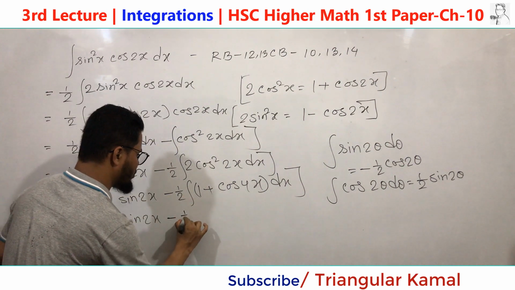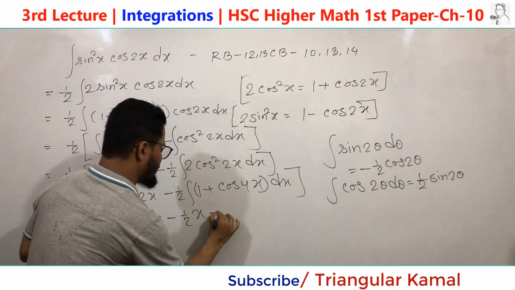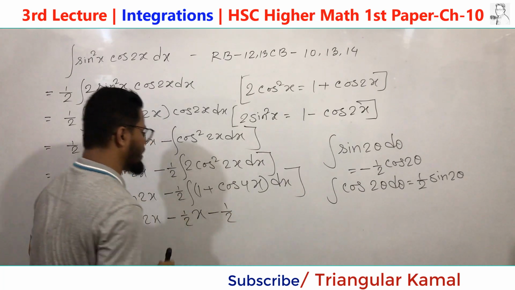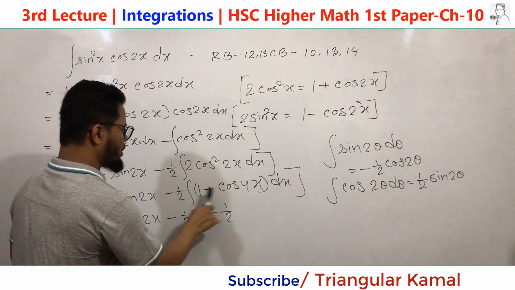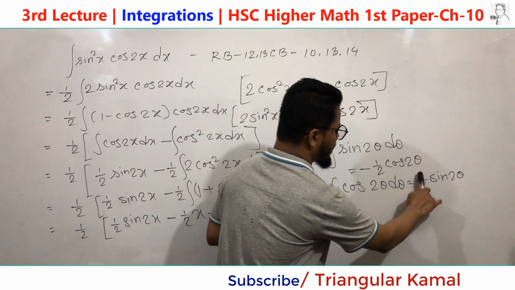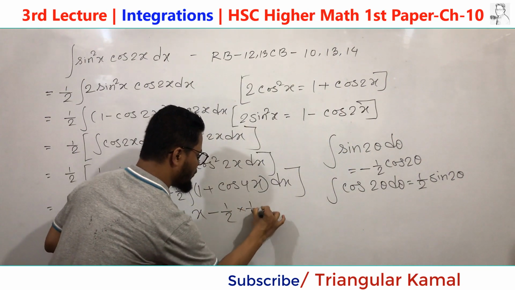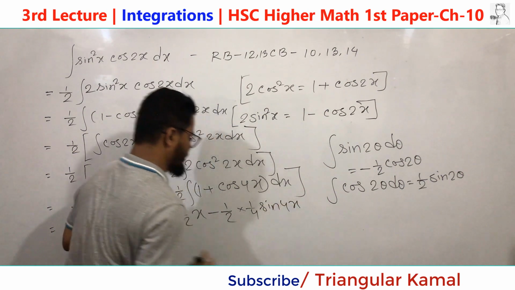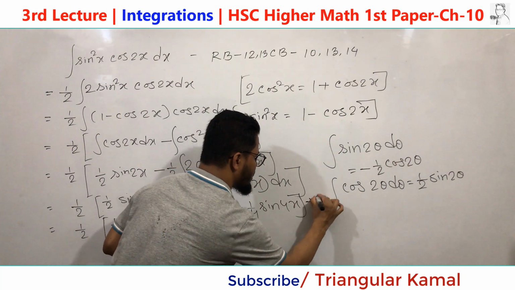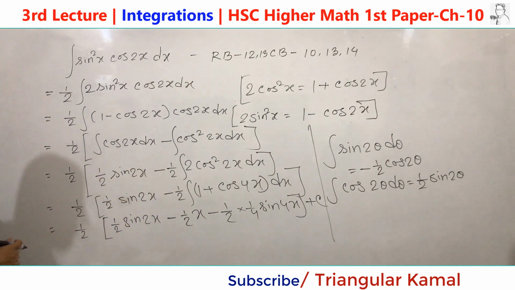So half times the integration of dx will be x, and now minus half, and this 1 by 4 cos of x: cos twice theta will give 1 by 2 sine 2 theta. So this 1 by 4x will give you 1 by 4 sine of 4 of x. Our integration part is complete here. After completing your integration, just add the constant c. This is the formula, and this is your answer.